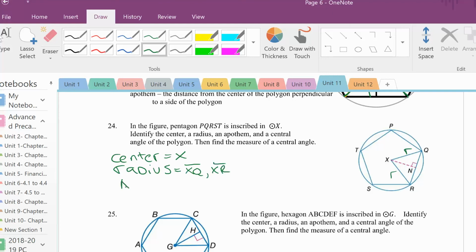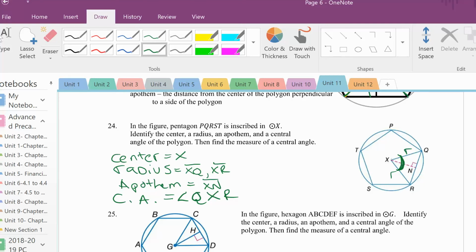And then the apothem here is XN, because that goes from the center perpendicular to the side. And then the central angle is angle QXR. The whole angle here is the central angle.